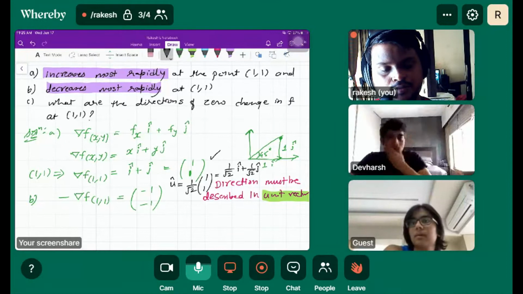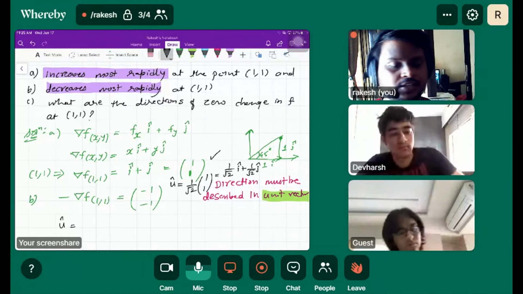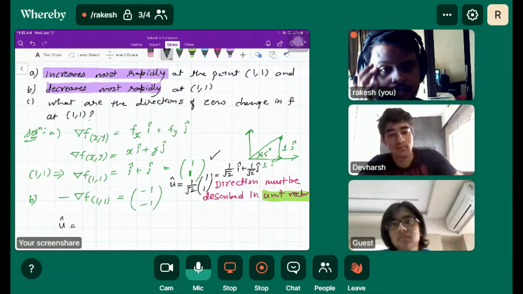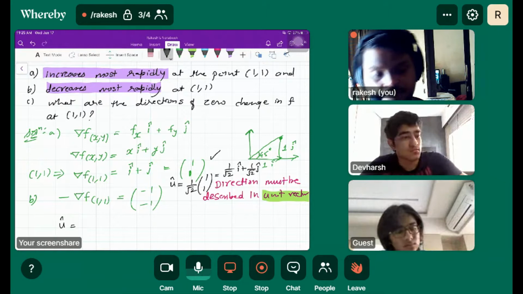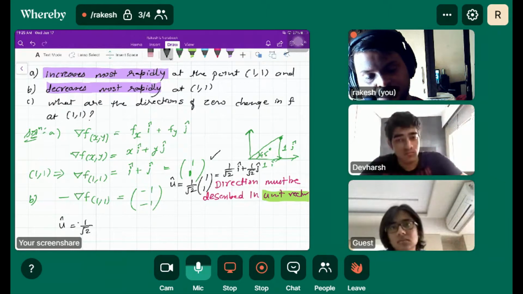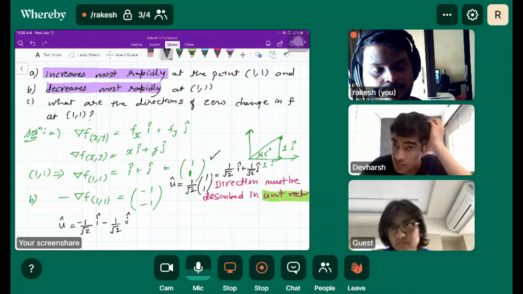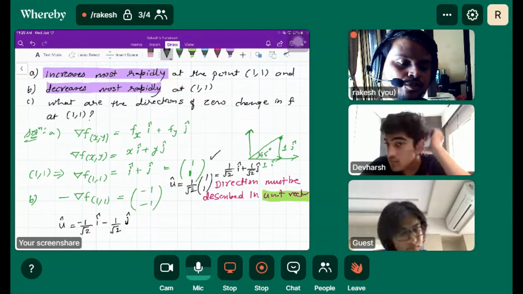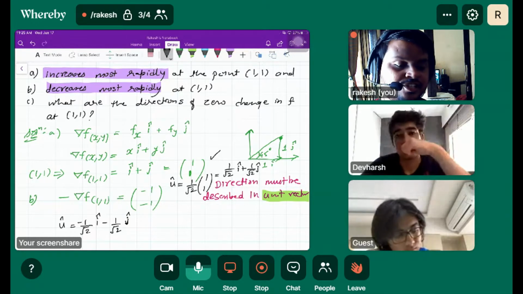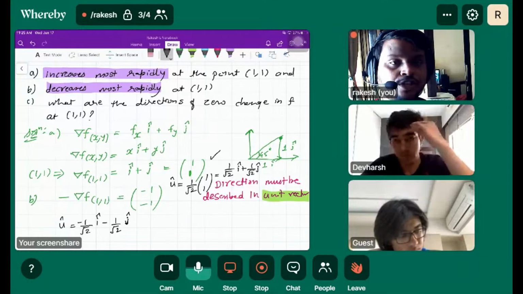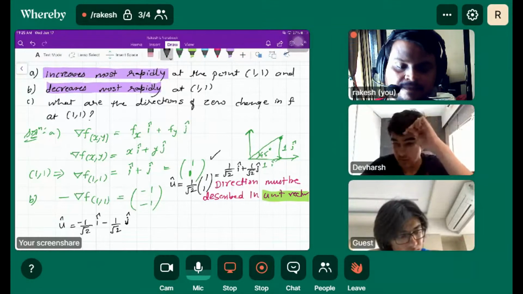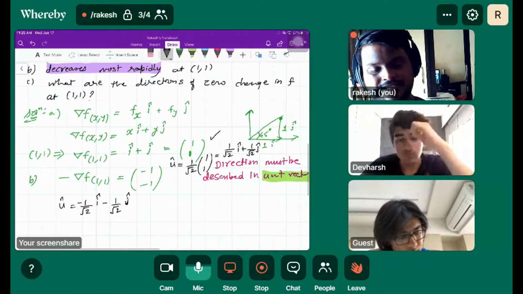Similarly, the direction along this vector is basically 1 by root 2 minus 1 by root 2 i cap minus 1 by root 2 j cap. Fine. So we always describe the direction in terms of unit vector.